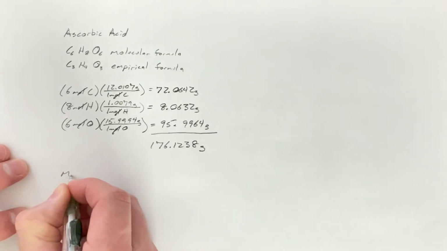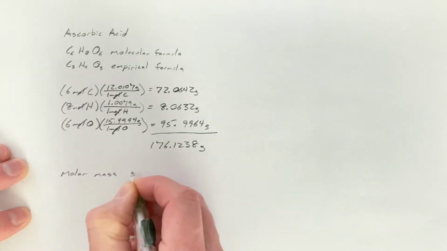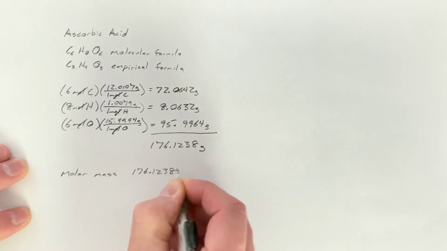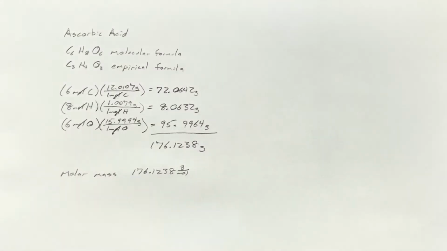So we shall say the molar mass of ascorbic acid is 176.1238, and I will write grams per mole to show that this is the mass of 1 mole of ascorbic acid.